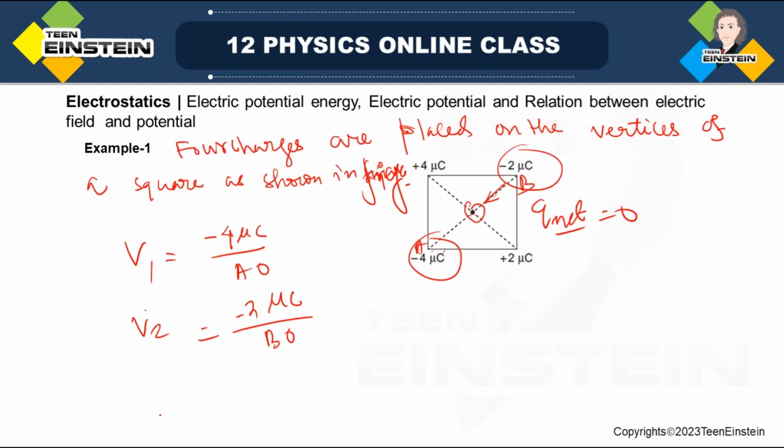A and B are the same distance. You can sum these two off, and this also, so you'll get total V net to be 0 at the center.